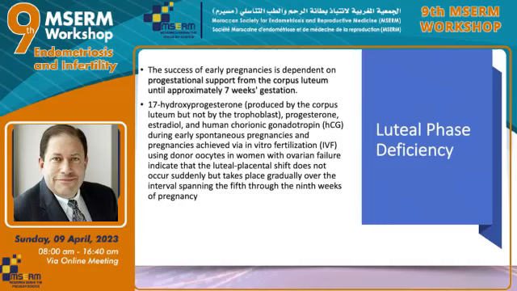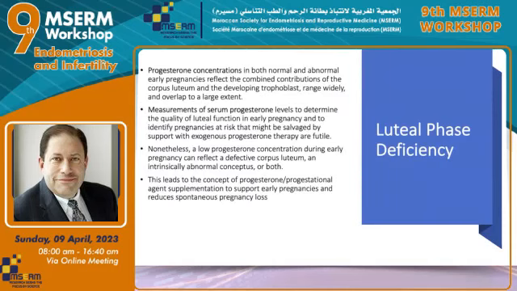It's not an on and off switch. It's not turning on a spigot here and turning off another one there. But it takes several weeks for that to happen. Again, getting to that 11 to 12 week gestational age, at which time placental progesterone takes over entirely and the corpus luteum is no longer needed.